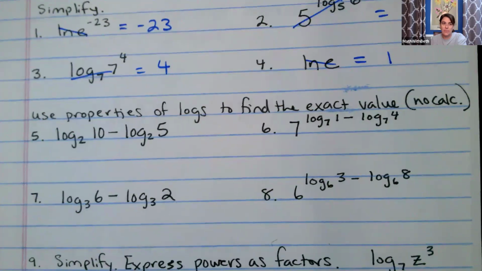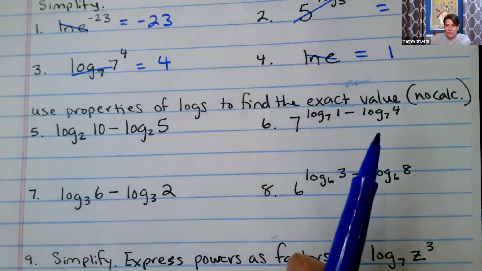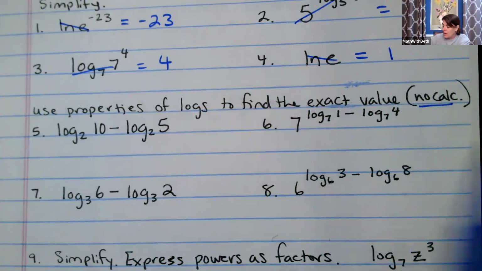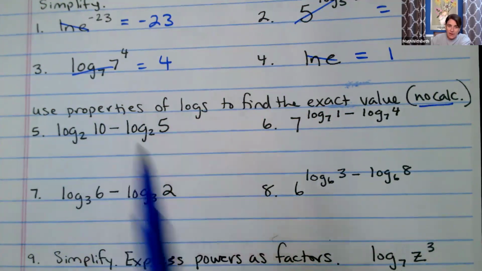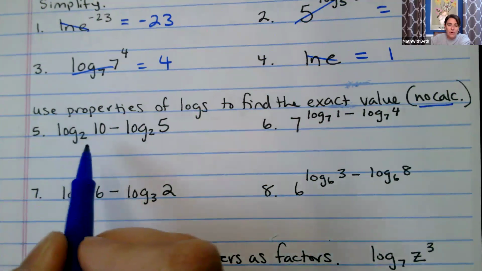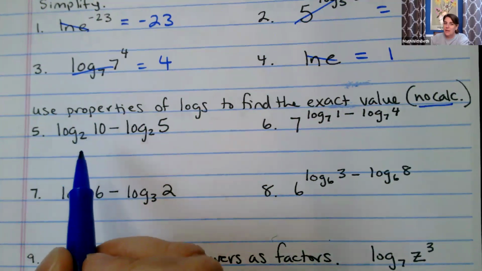Okay, so for number 5, use the property of logs to find the exact value, no calculator. I could do this right now in a calculator, but without the calculator, I don't know off the top of my head what log base 2 of 10 is, because it's not something nice.